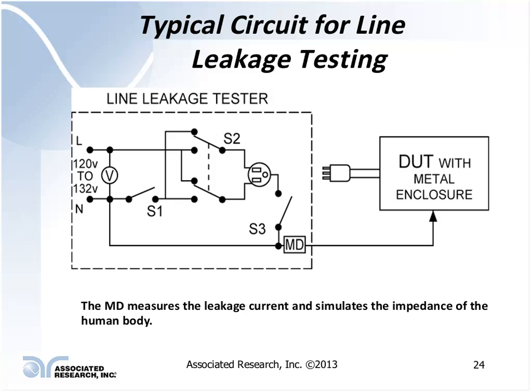If you're measuring the earth leakage current, then this measuring circuit would be in series with the ground conductor, or from the enclosure of the product back to the neutral side of the line. So the device would be plugged in, turned on, and you would typically want to do all your open neutral circuits first, because this would give you the highest leakage current.